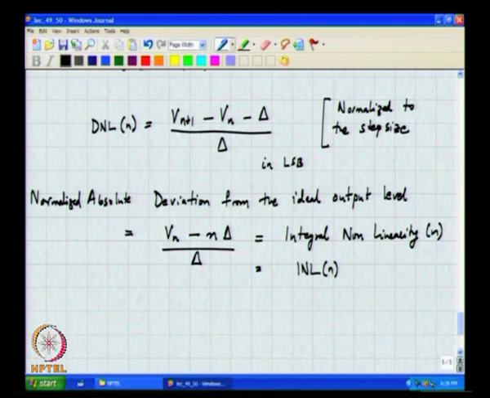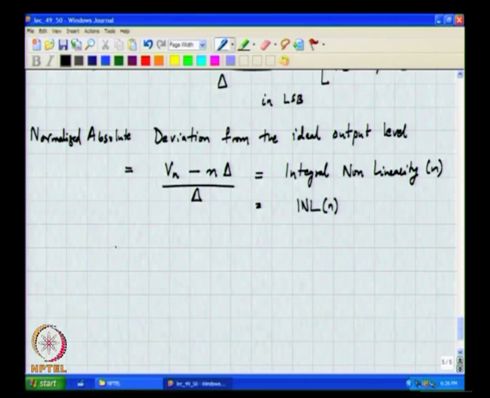Okay. And the running sum of the DNL is the INL, just like in ADCs.